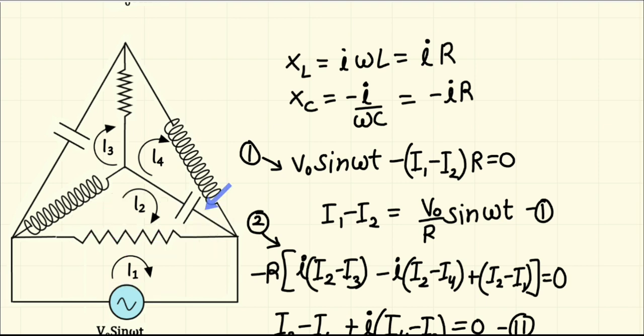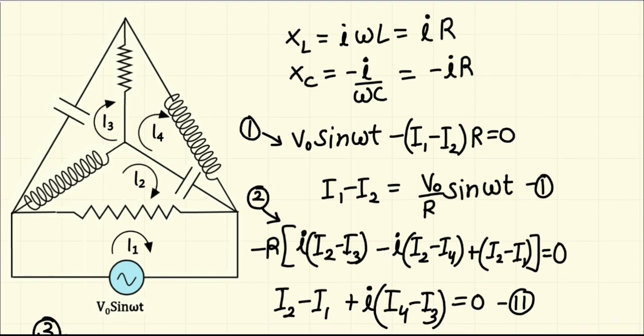The benefit of using this loop method is that we get rid of applying the junction law, and it becomes much easier to write the current in any element of the circuit just using the superposition of the currents in these loops, right? So we'll just write the standard equation that the sum of the net potential is equal to 0 in all these loops.